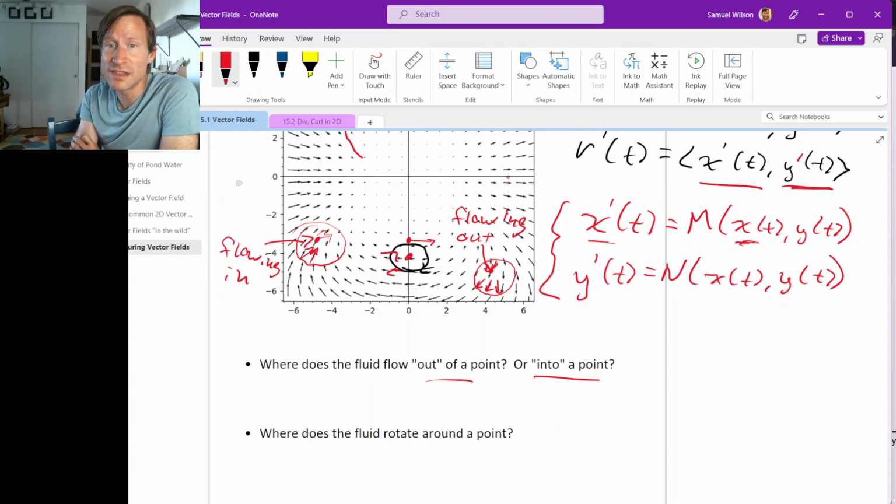That's very different than, say, over at this point, where if we look at the nearby vectors, above it's pointing about like this, below it's pointing about like this, to the right it's pointing about like this, to the left it's pointing about like this. Well, if we think about how these four vectors are trying to rotate around this point, they all kind of balance.